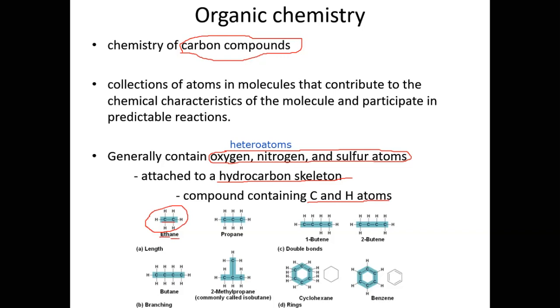Now if we go to the next example, here we have 3 carbons in the backbone. So for 3, we use the prefix prop. And they're all connected by single bonds. So we use the suffix -ane. So this is propane.